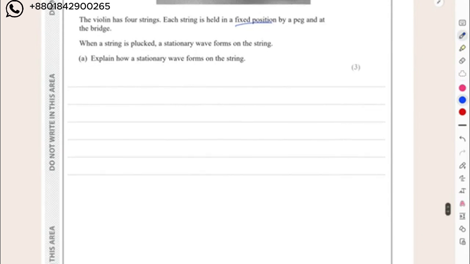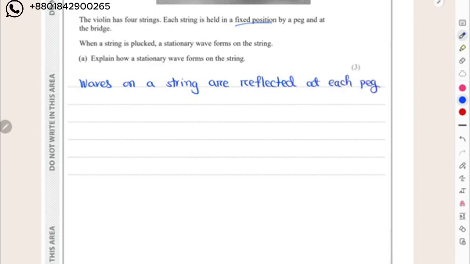So we can write that waves on a string are reflected at each peg, and because of this they superpose with the original waves, causing nodes and antinodes, right?